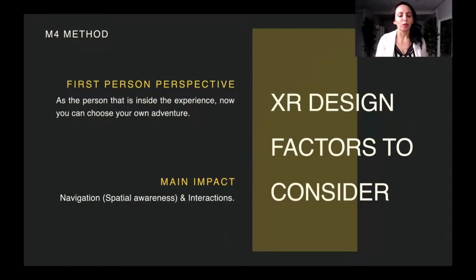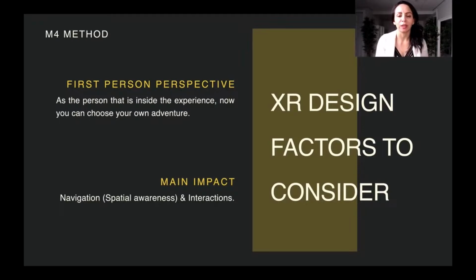We have a couple of important things to speak about here, which are the XR design factors to consider as best practices. Now we're speaking in 3D, and it involves the first person perspective. So as the person that is inside the experience, now you can choose your own adventure, and this is super, super key when designing for 3D experiences.